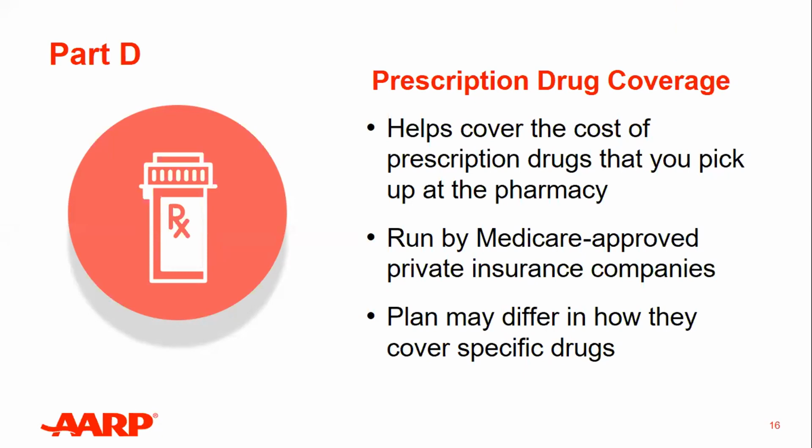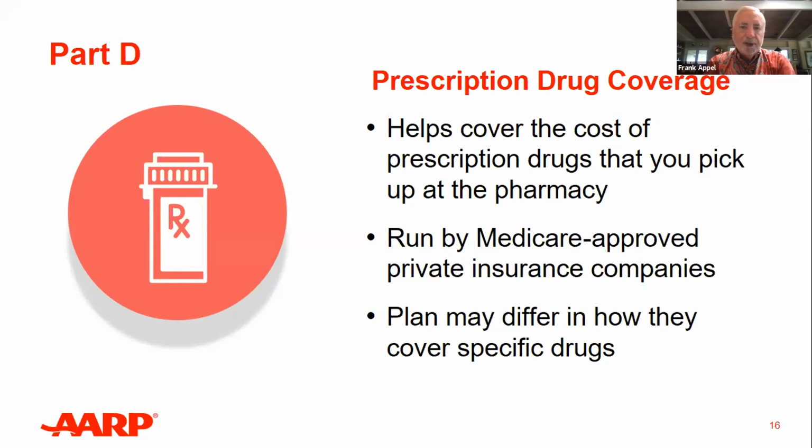Okay, let's talk about Part D. We're skipping Part C for now, but we'll come back to it. Part D was a benefit added by Congress in 2006 to Medicare to help cover the cost of prescription drugs that you pick up at the pharmacy. It is not run by Medicare. It is run by Medicare-approved private insurance companies. And each of those prescription drug plans offered by those companies may differ in how they actually cover specific drugs.